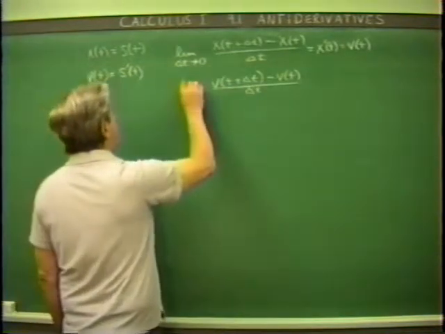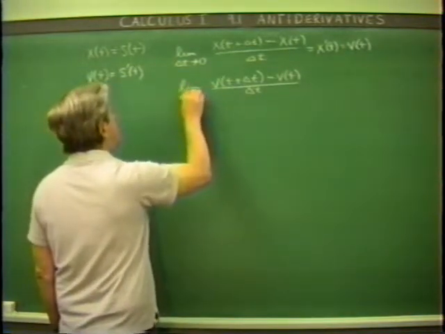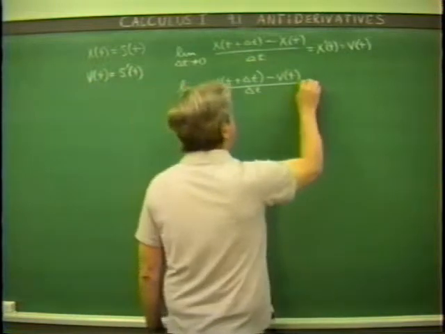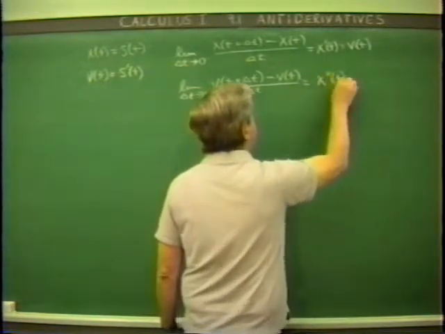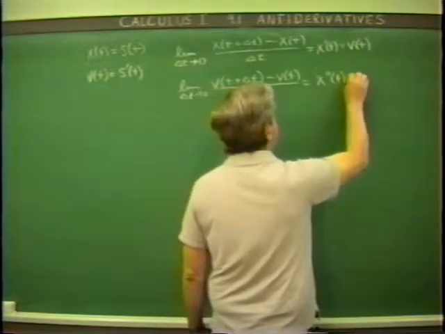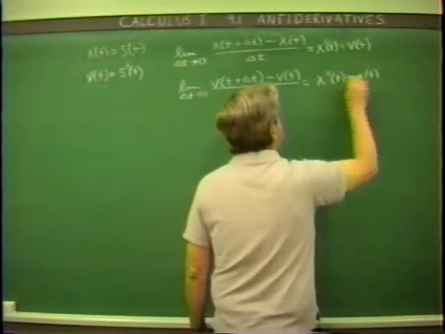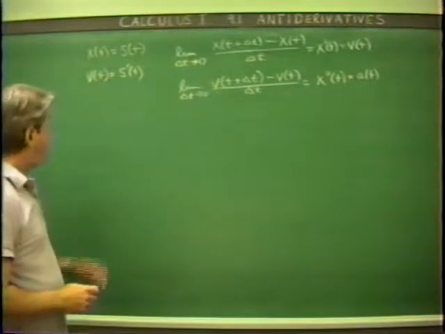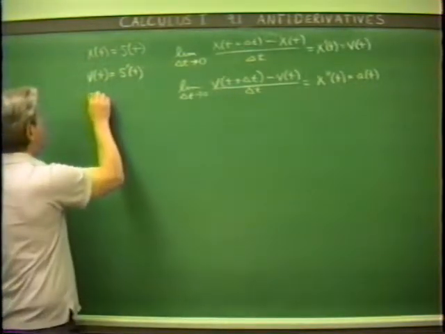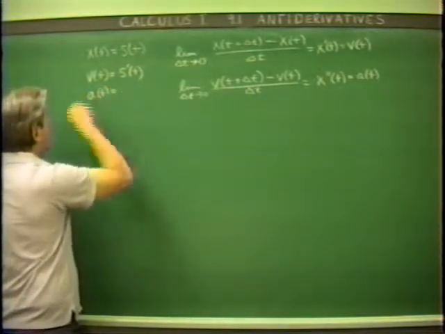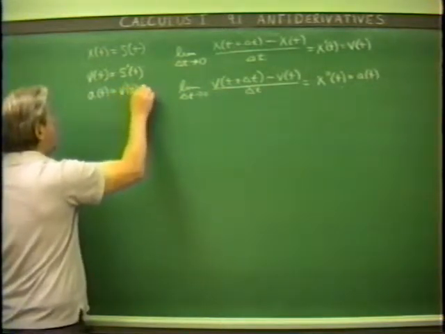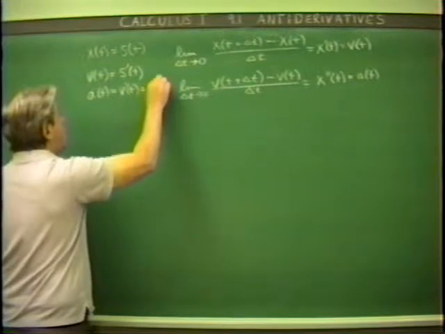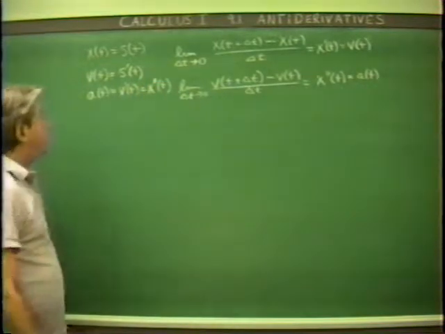Now, if you take the limit as delta t approaches 0, then this is going to be the acceleration, but it's also clearly going to be the second derivative, x double prime of t, of the position function. So we get that the acceleration is the derivative of the velocity, which is the second derivative of the position function.